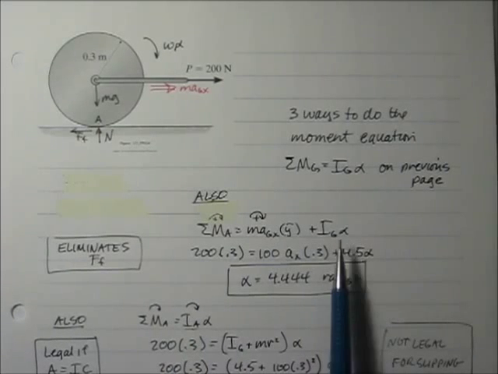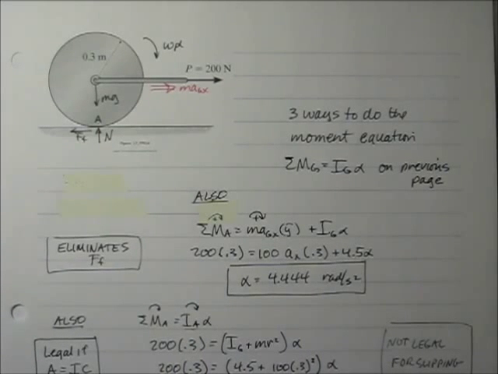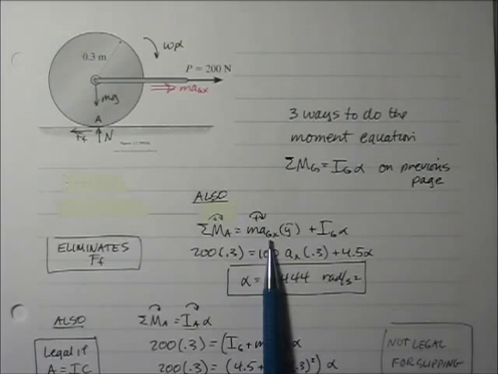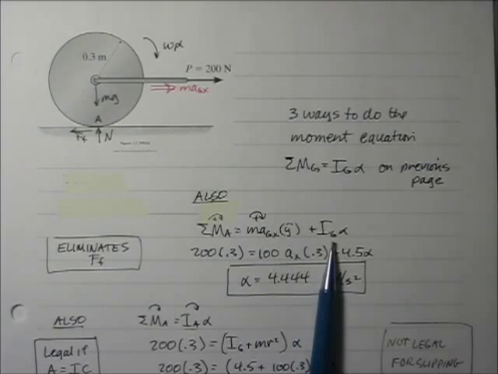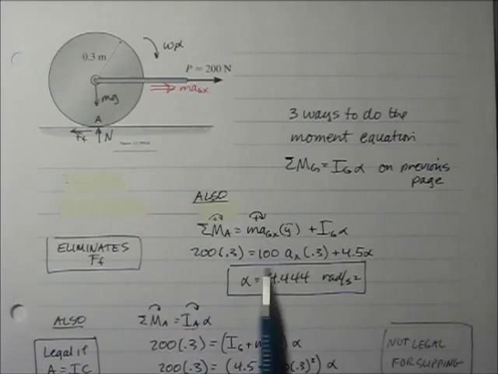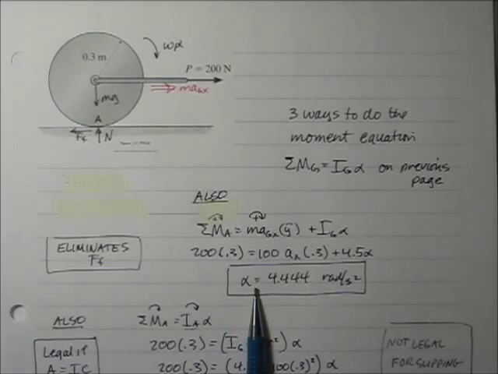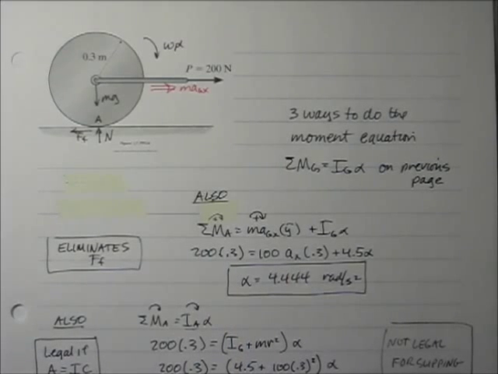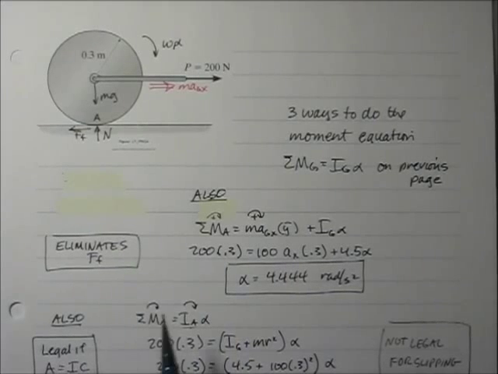Remember when we were doing translation, many times Ig alpha went away, but in general plane motion, we have to keep all of the terms in the general moment equation alive. And again, when I do that, I can find alpha in only one step, and I don't even have to solve for the force of friction. However, to find the force of friction, I still have to do sum of the forces in the x is mass times acceleration.